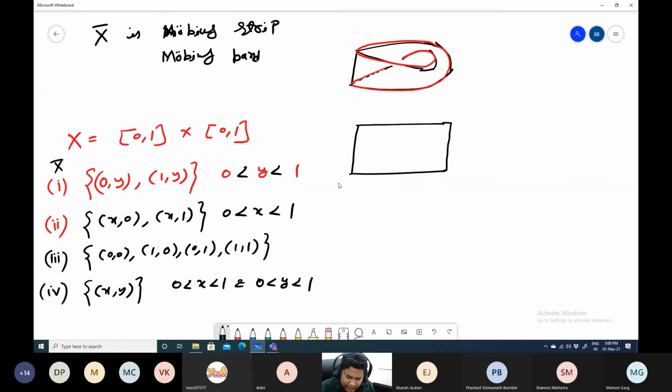Okay, now this is my 0 0, 1 0, this is 1 1, 0 1. So what we are doing, we are identifying this with this, then we will have a cylinder, and this is by 1. Okay, and then by 2, we are identifying in this direction with these directions, so that means this point with these points in this way.